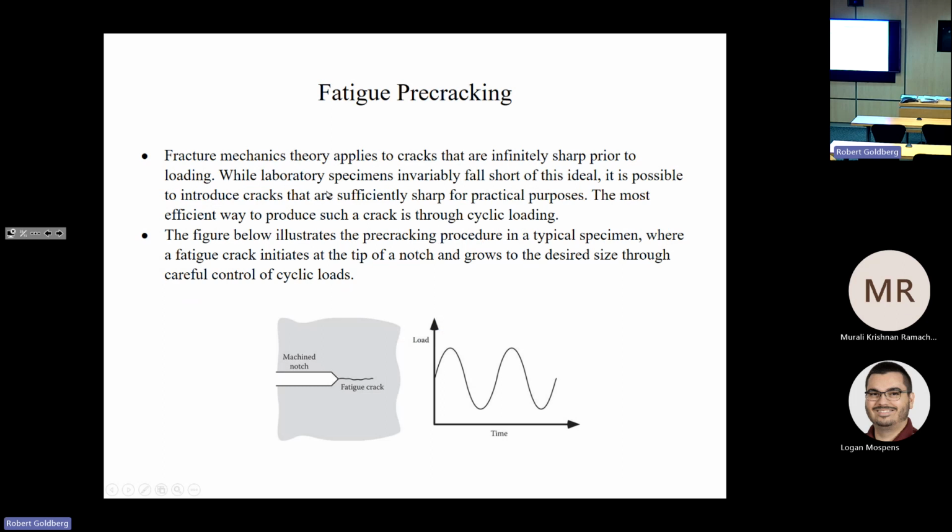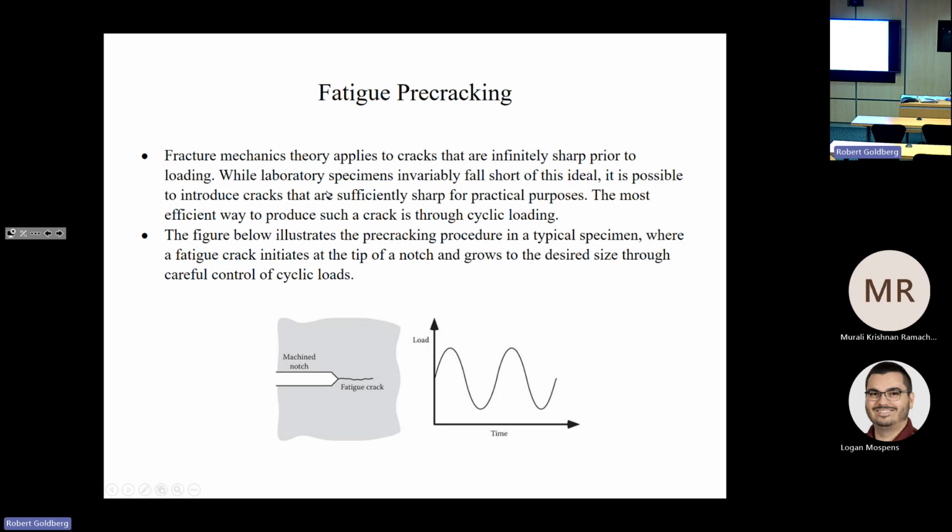Now, in terms of the crack, usually you'll introduce notches by a milling machine with a sharp cutter or other types of machining processes, but that'll only get you so far.